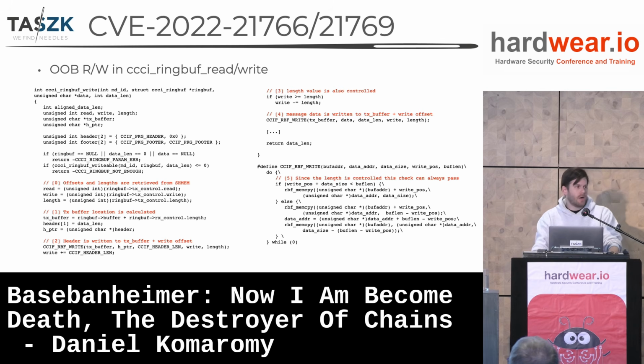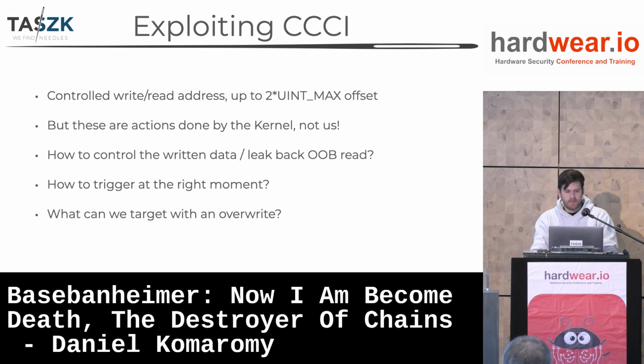Because the offsets are completely controlled, compared to the base of a fixed value, you can turn the writes and the reads into an arbitrary offset, regardless of where the ring buffer was supposed to be. There are limitations because the offsets are 32-bit, so that's the total range you can write. And then you would have to start thinking about whether I control when things get written and what gets written, and so on.